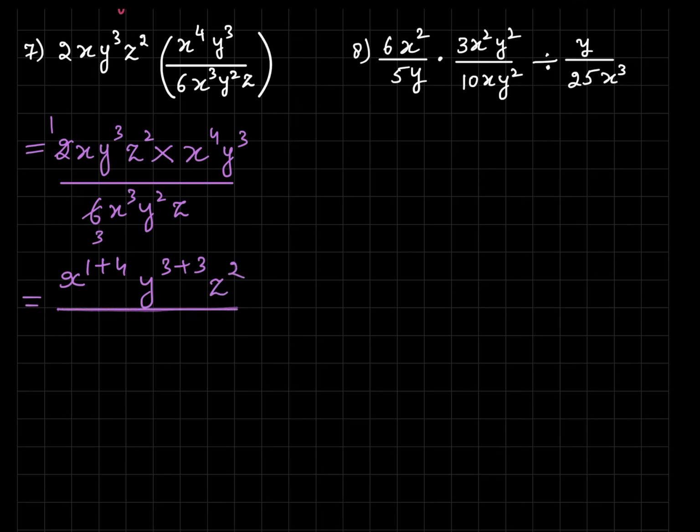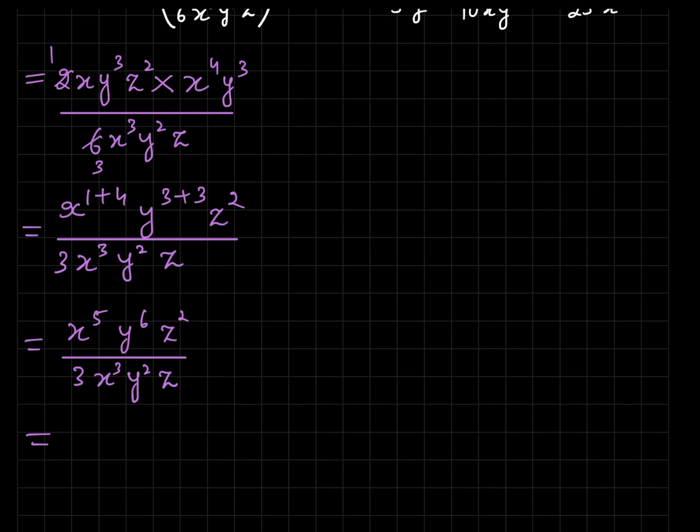Now over we have x cubed y square, 3 is also there, and y square and z. So now x raised to 5 y raised to 6 z square over 3 x cubed y square z.